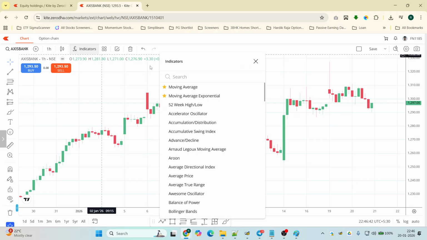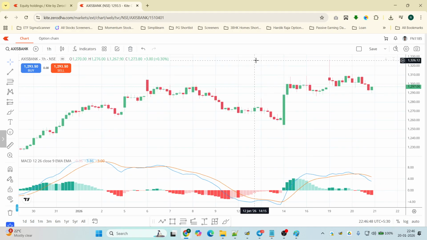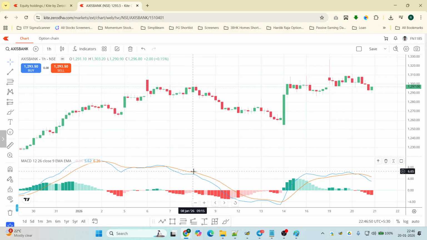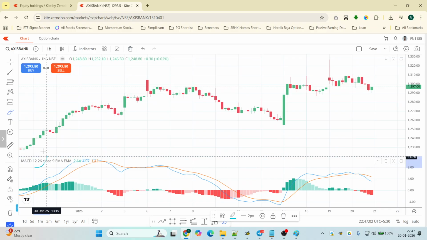Same method: go to FX indicators, type MACD, you get a search result, just add this. Can you see below the chart you get an MACD. You can see two curved lines, right? Those are the EMAs. The EMA numbers are shown here: 12 and 26 EMAs. This is the histogram.